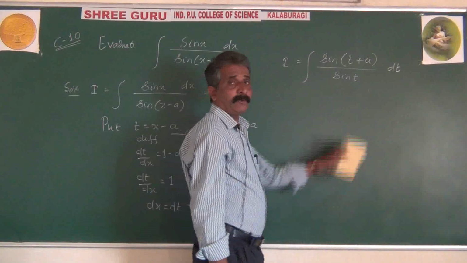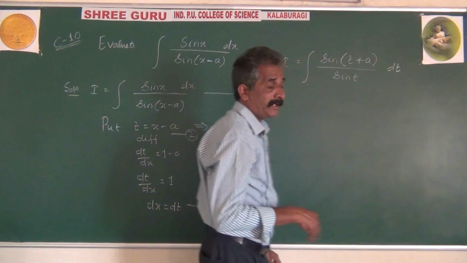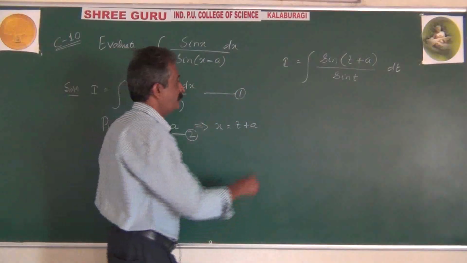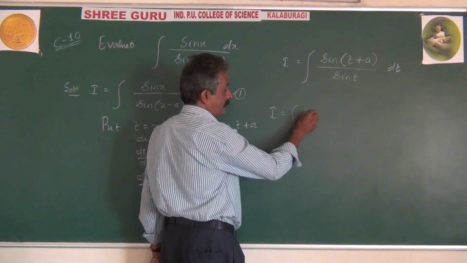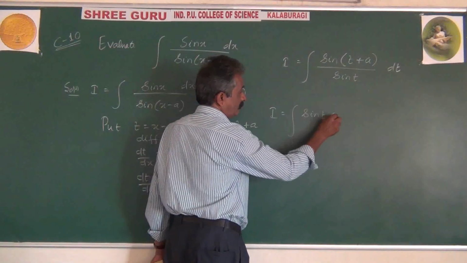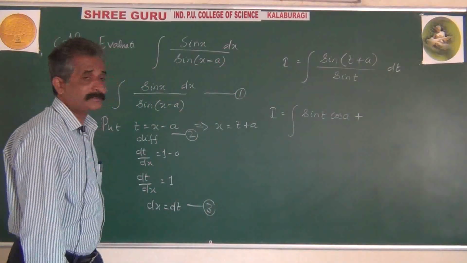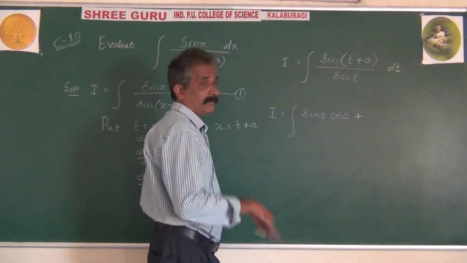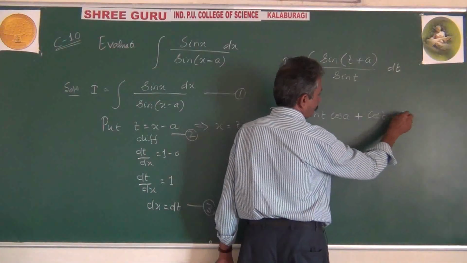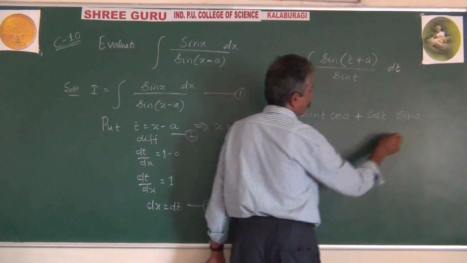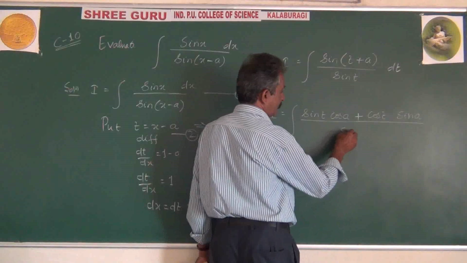Numerator is in the form of sin of a plus b. Sin of a plus b formula is sin a cos b plus cos a sin b. Further, I equal to integration of sin t into cos a, plus cos t into sin a, divided by sin of t.